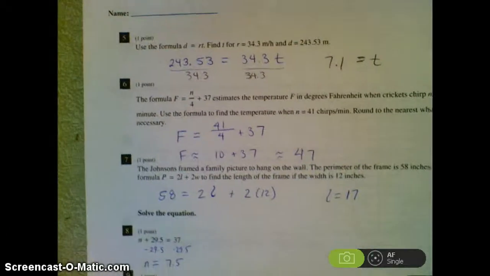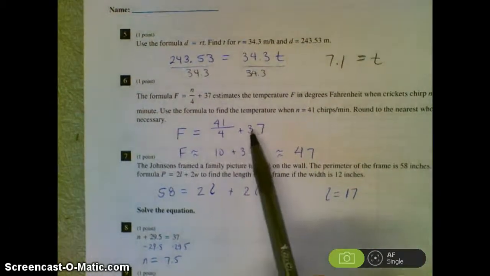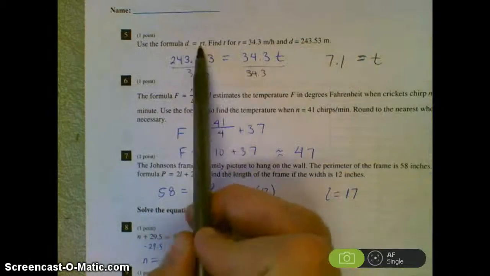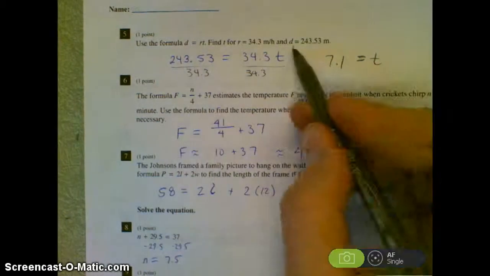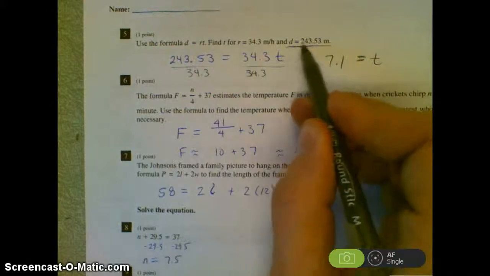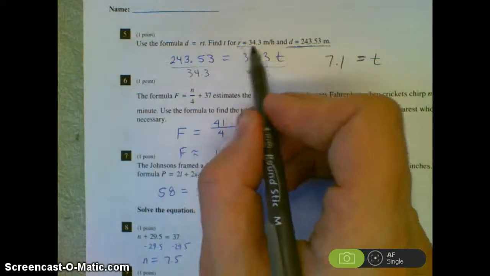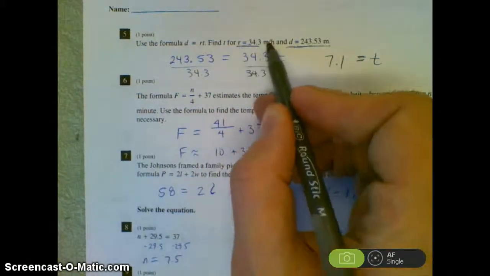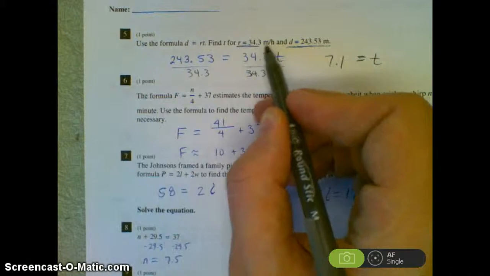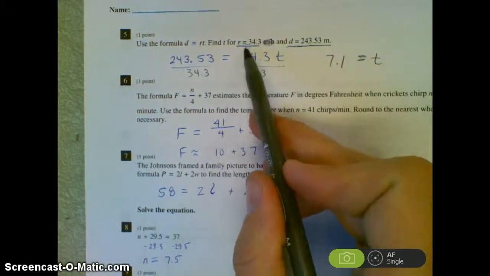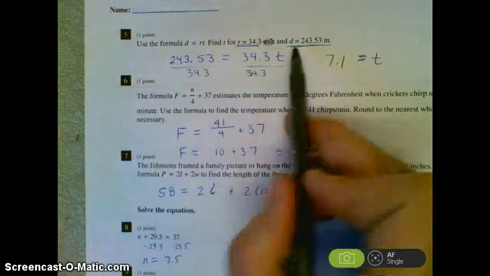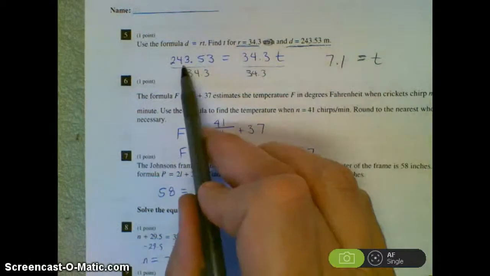Number 5, for any formula, start with the formula they give you, replace the variables with the numbers that you're given, and for this one you can ignore the meters, the m over h. We don't care about that. So we replace d with 243.53.